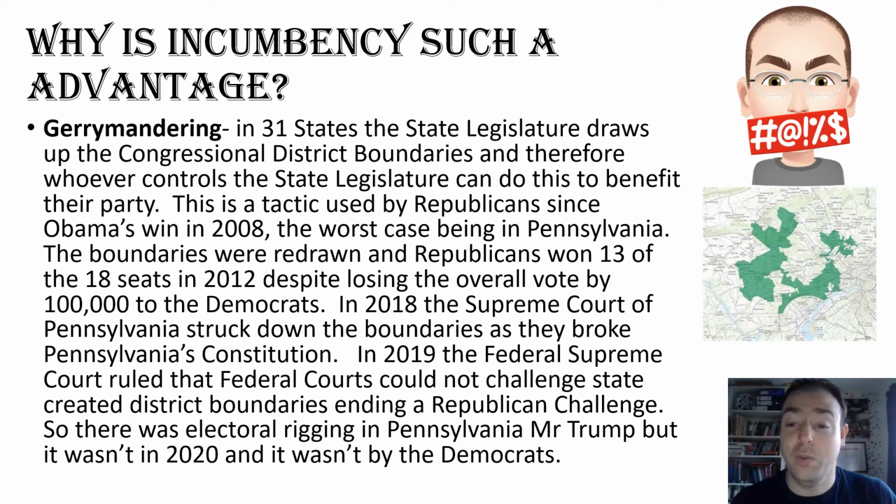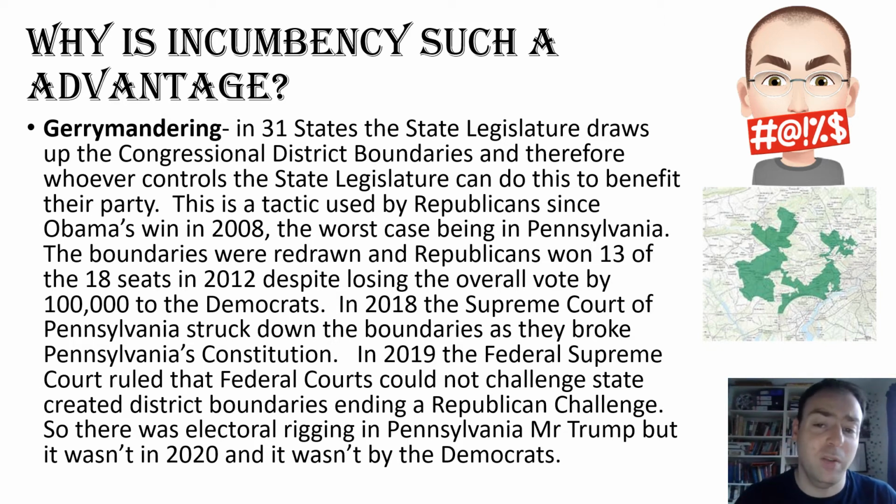Now, in 31 of the 50 states, the state legislature draws up the congressional boundaries, and therefore, if you have Republicans in charge of the state legislature, then you have them in charge of drawing up the congressional boundaries, and therefore they will tend to set them up to favour Republicans and vice versa with the Democrats. Now, we're going to use the Republicans as an example, because this has actually been a definitive tactic by the Republicans since Obama's win in 2008.